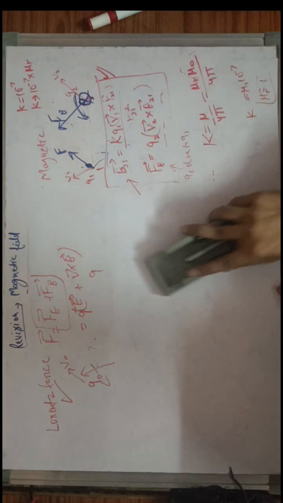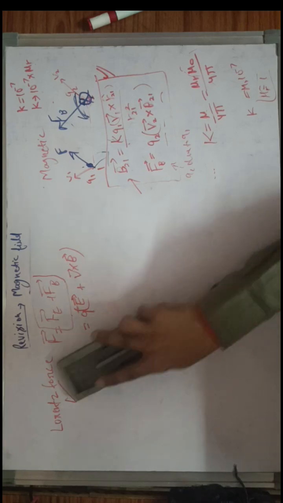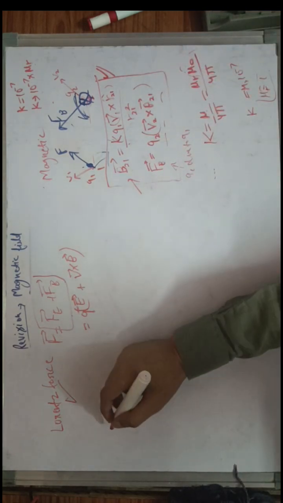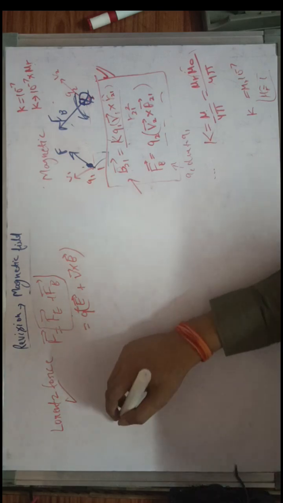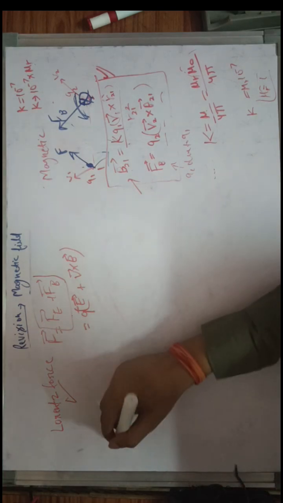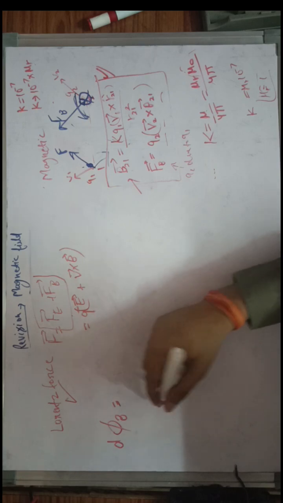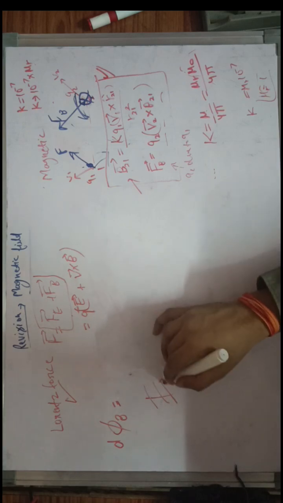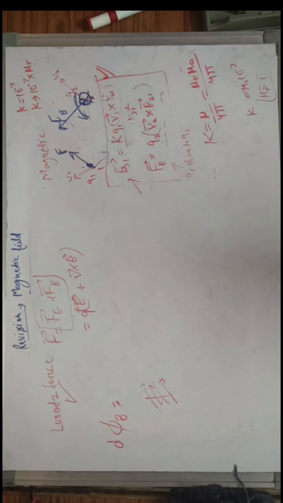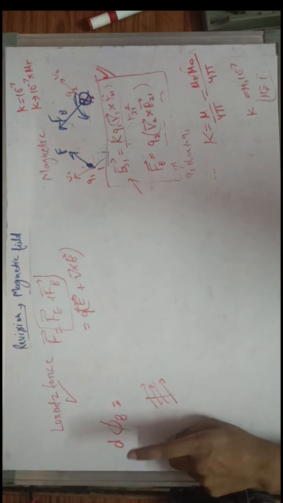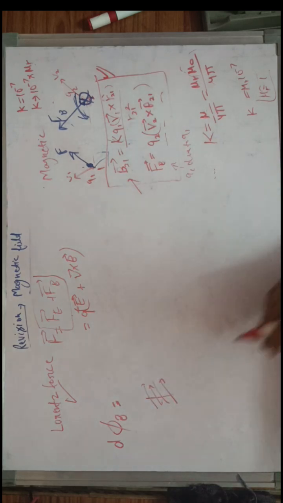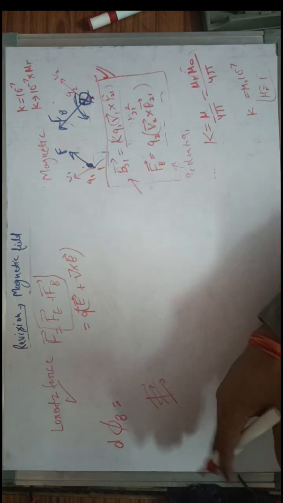Now there is another term we have called flux. Just like in the case of electric flux, we have magnetic flux. The flux concept can be understood as the number of field lines passing through an area in one direction.